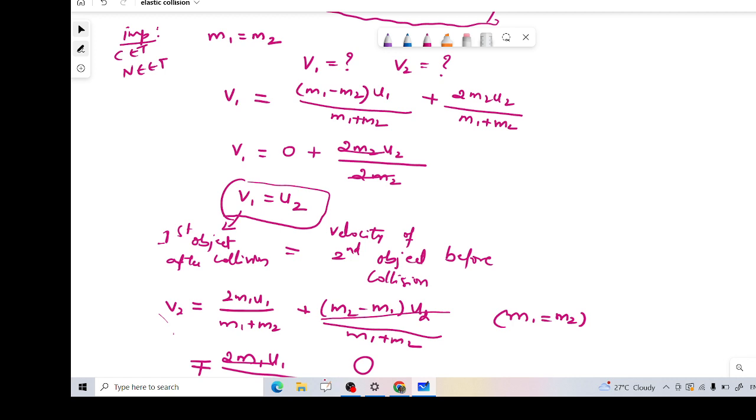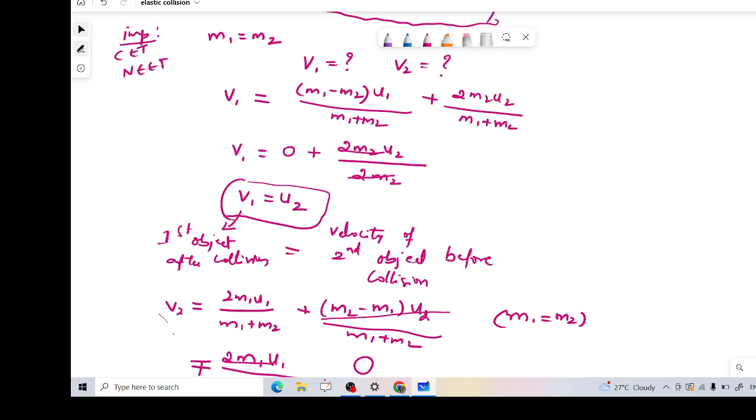We are just adding the first object and its initial velocity, meaning we are adding the momentum of the first object, and then we are subtracting the two masses and multiplying with the velocity of the second object. So this is the collision in one dimension.